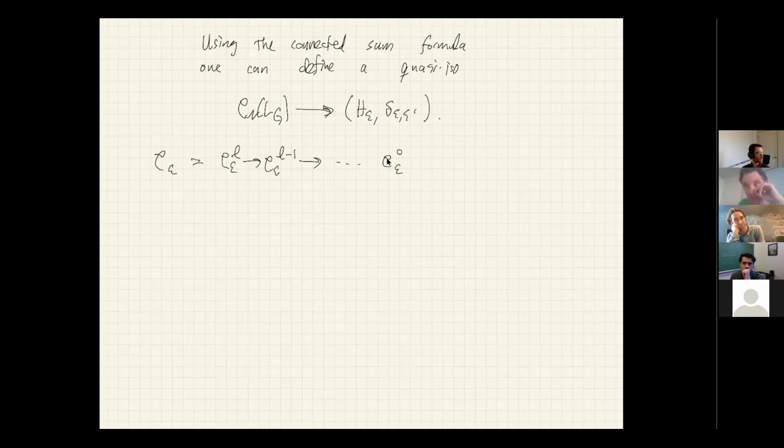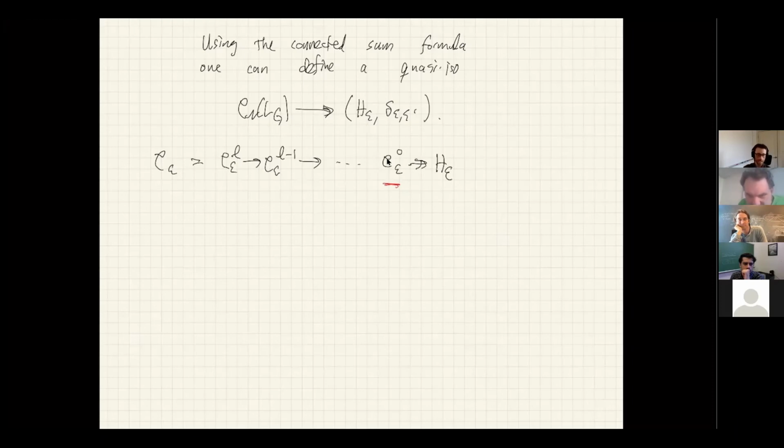When you tensor many of them together, it still has this structure, except now you have L steps. You have this additional grading, but since the homology is all supported in the bottom grading, there's a surjection onto this group H_ε. Basically, it's just a free resolution of its homology.